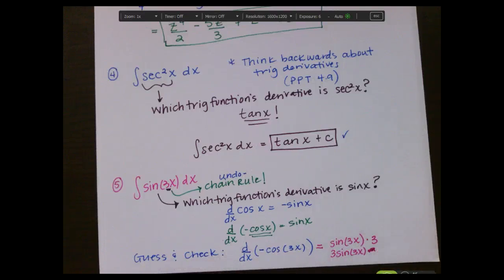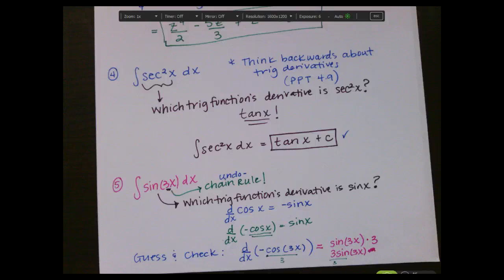So you want to compare that. We guessed. Let's check. Is that what we wanted in terms of our antiderivative? And it's not. We wanted everything but the 3. So think about, what would you have to have divided this original function by so that this 3 would go away? And the answer is that you would divide it by 3 in order to make that go away.